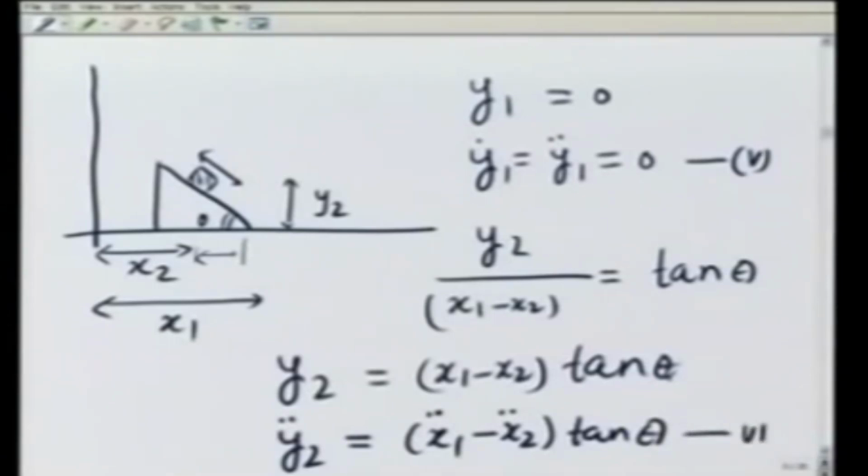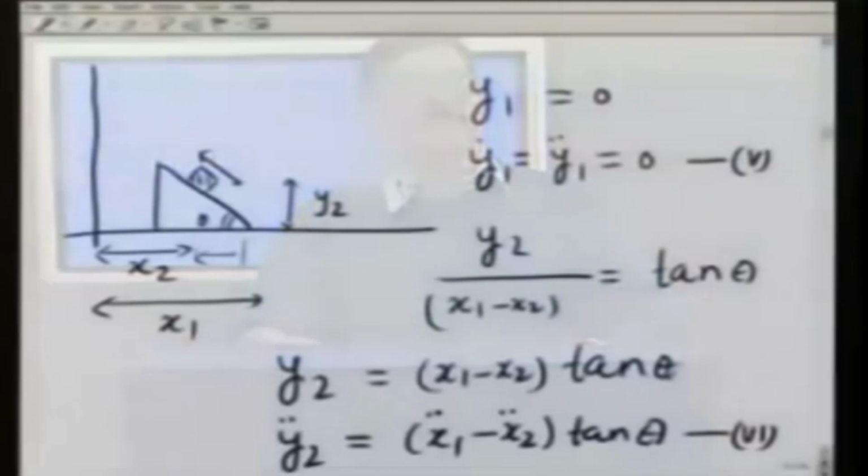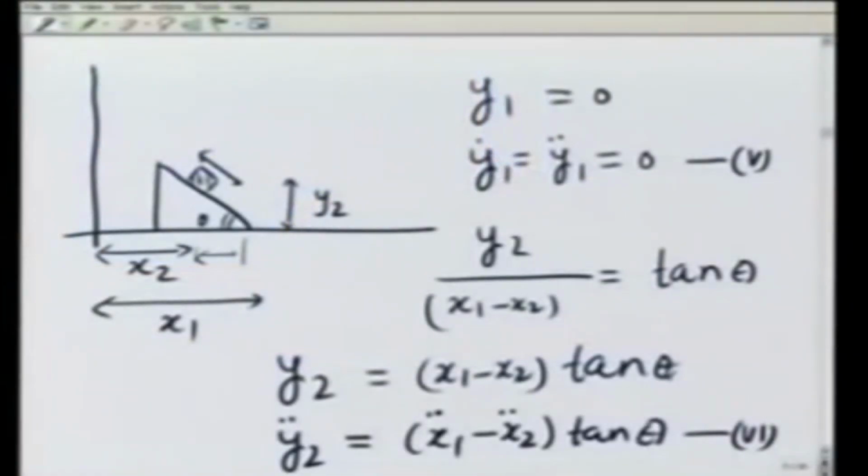That's my equation number 6. I now have 6 equations and 6 variables, and I can solve the equations. I'll solve it again partially to get the value of N1, and the rest follows very easily.